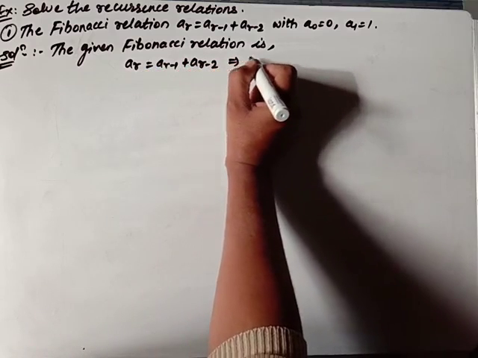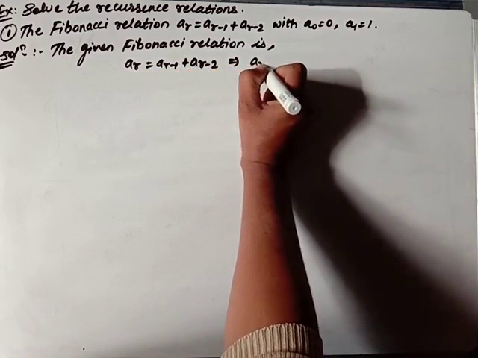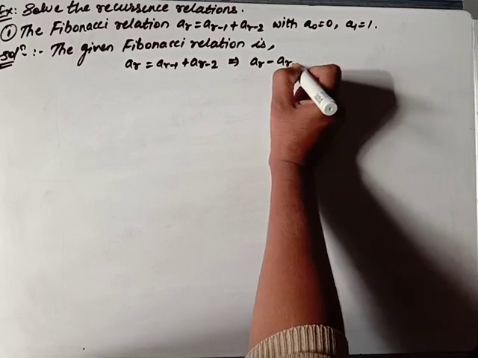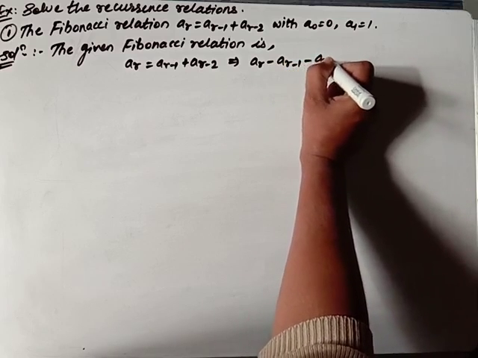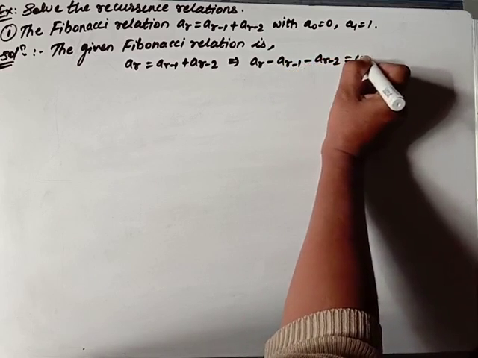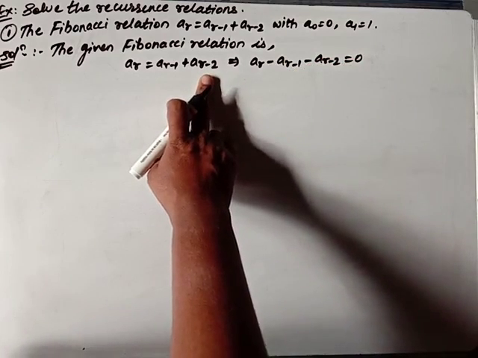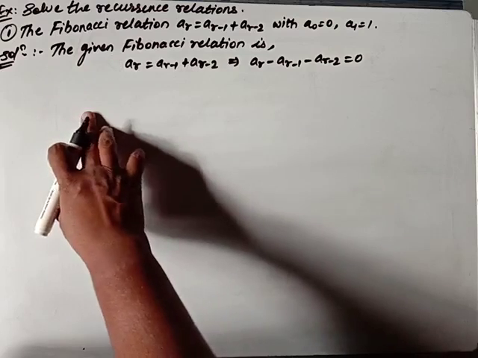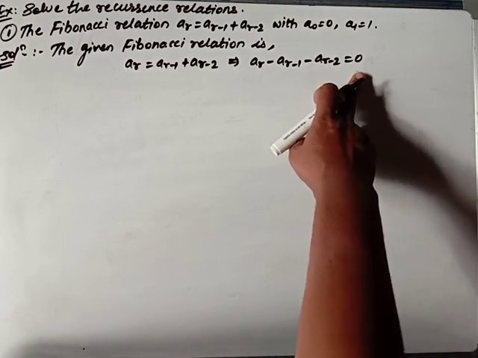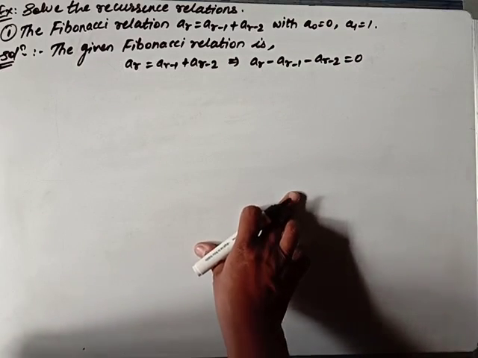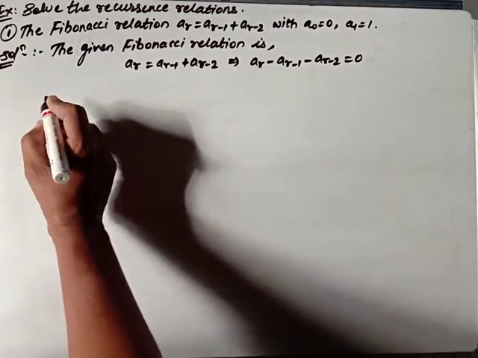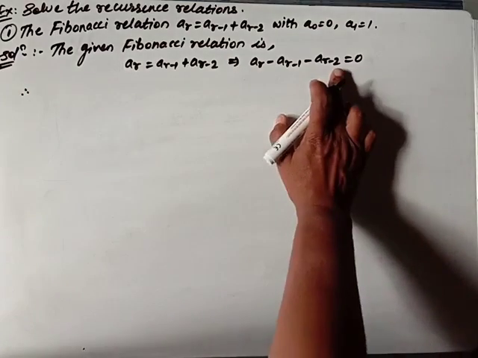That can be written as a_r minus a_(r-1) minus a_(r-2) is equal to 0. These are the terms of the recurrence relation itself, so we will take them on the left hand side. The right hand side will become 0, which means it is a case of homogeneous recurrence relation. Fine. Therefore, now here k is what?